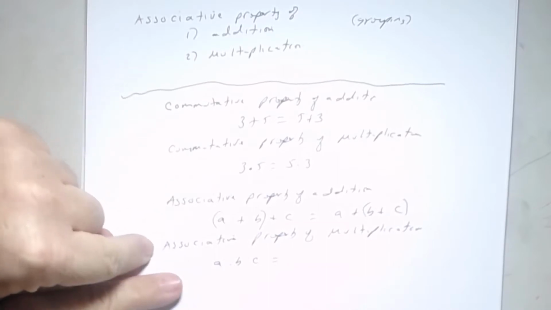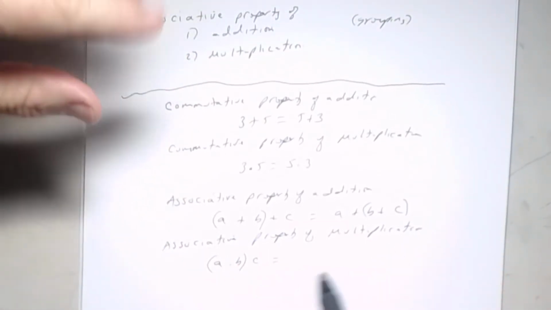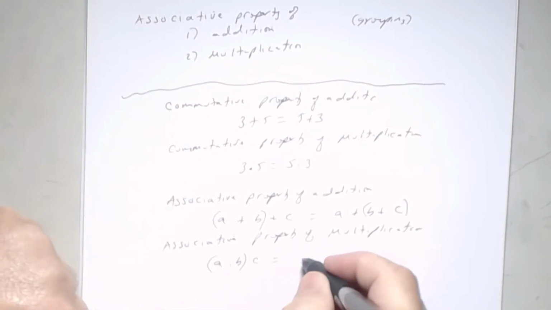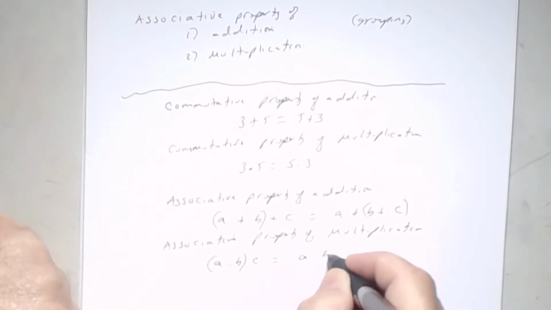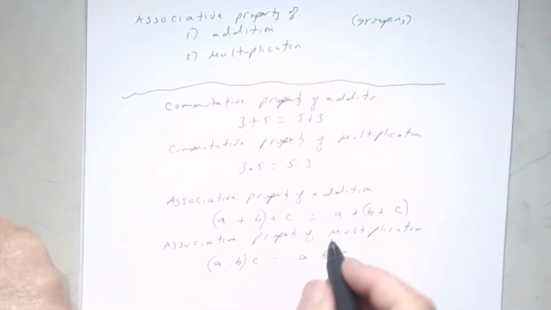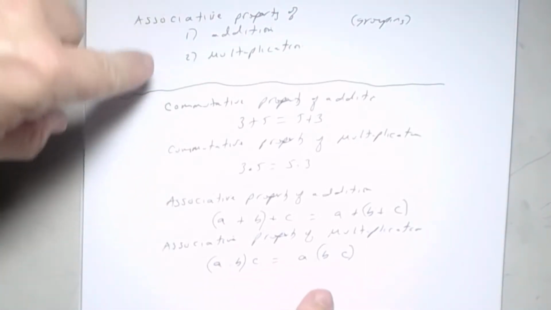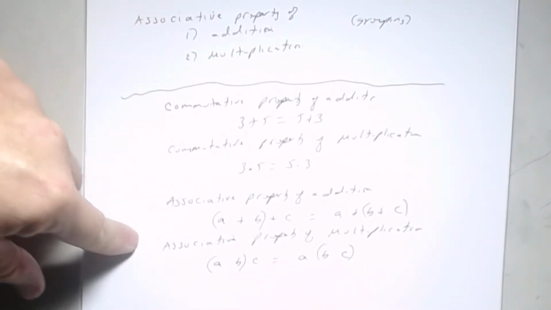Let's group the first two first. It doesn't matter. You could do BC first. It does not matter. But if I do AB first, then when I write it here, what group must I do next? B and C. So same thing. The grouping order does not matter. You can group the first two or group the last two. The answer will still be the same. Okay, so that was the commutative properties and the associative properties.